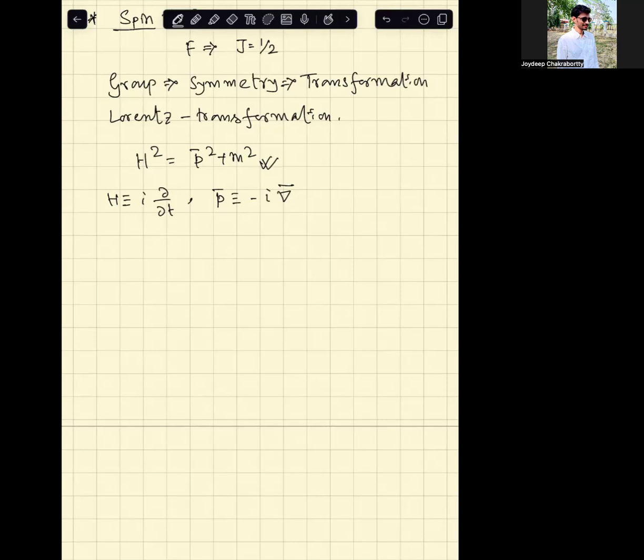So from the Dirac point of view, what we can write as the Hamiltonian is basically gamma 0 times gamma dot p plus m.